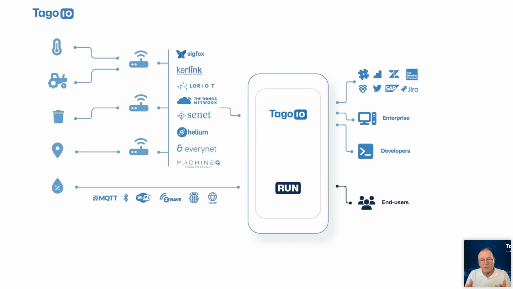That is not the case, right? You can create your own connectors. We have great self-help, which I'll talk about later on, to build your own connector so you can integrate with TagoIO.